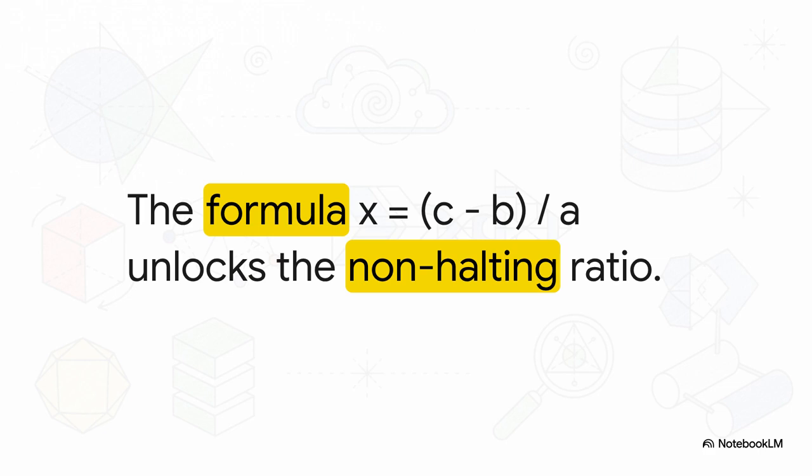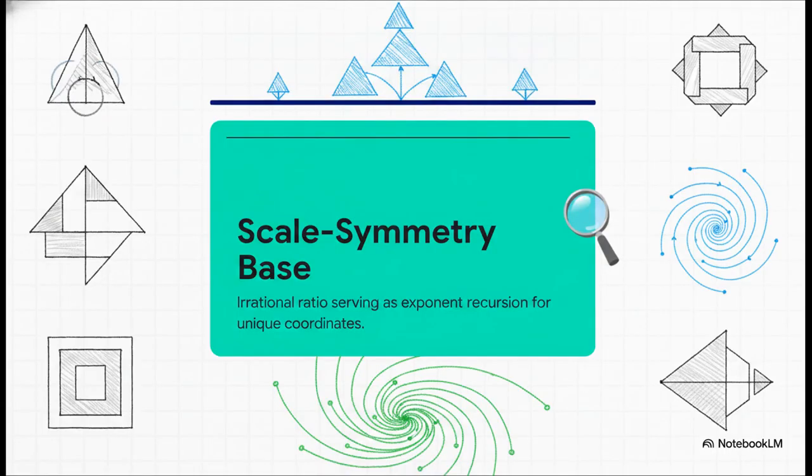By algebraically removing the orthogonal measures using this equation, we effectively strip away the finite dimensions. And what's left over? An irrational, non-halting ratio. This formula acts like a secret decoder ring, unlocking the core recursive value of the triangle. We call this extracted ratio the scale symmetry base.